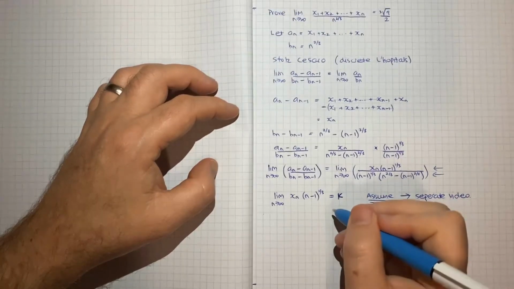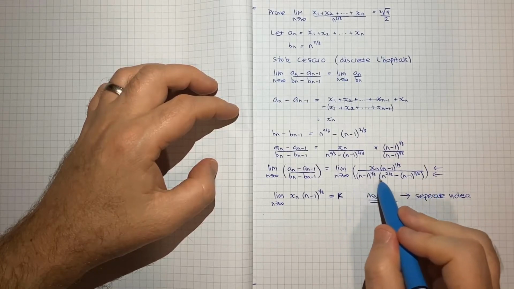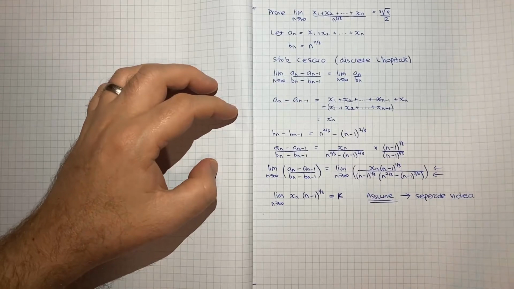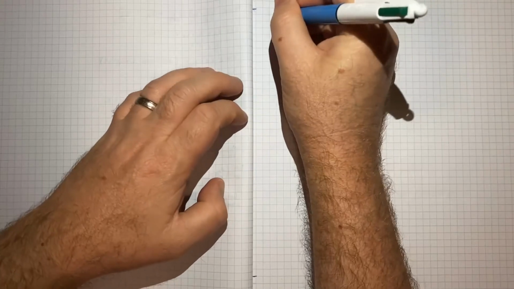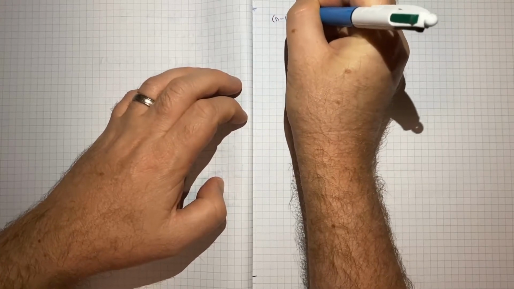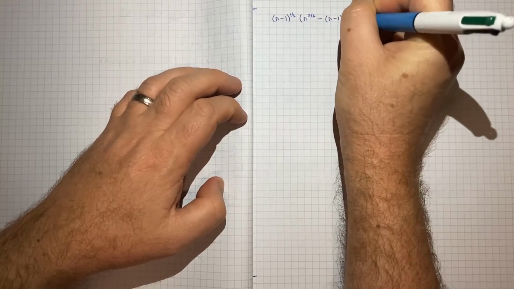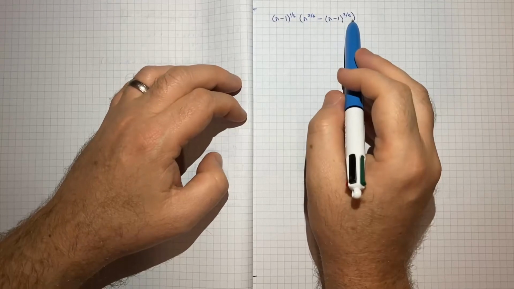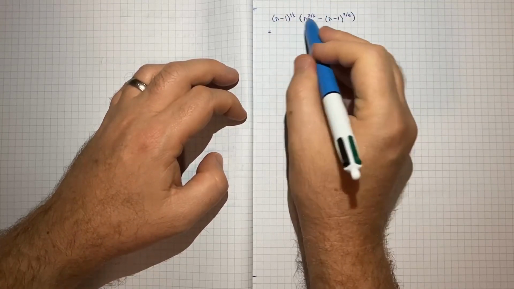So given that, the next thing to think about will be this denominator and what the limit of the denominator is. So I might turn over and we'll just write out what we're dealing with. We're dealing with n minus 1 to the third times n to the 2/3 minus n minus 1 to the 2/3. So what we need to do is simplify this and then work out the limit. So step 1 would just be to expand.